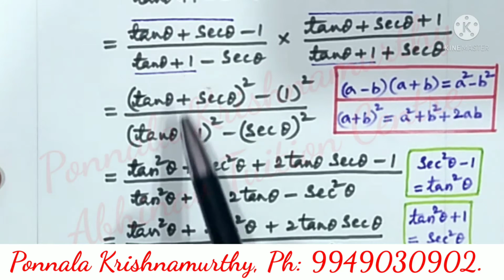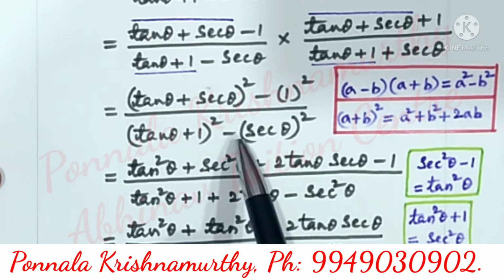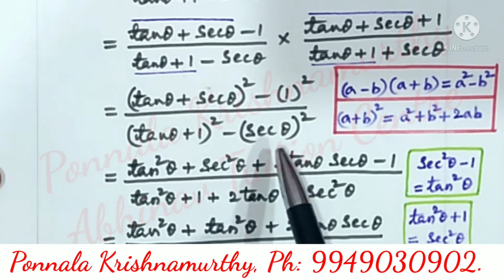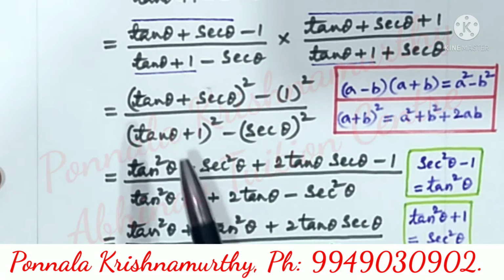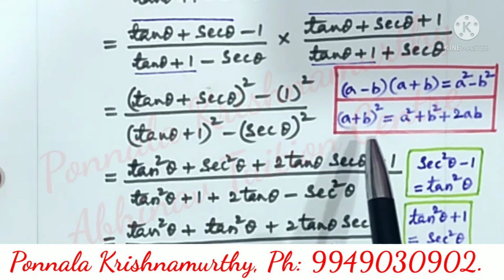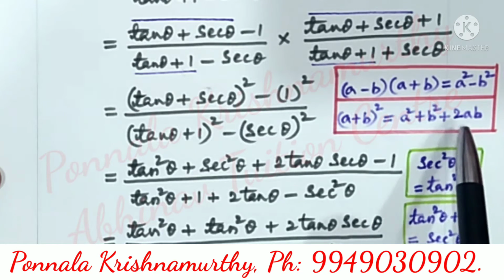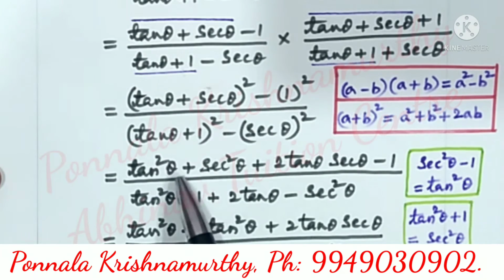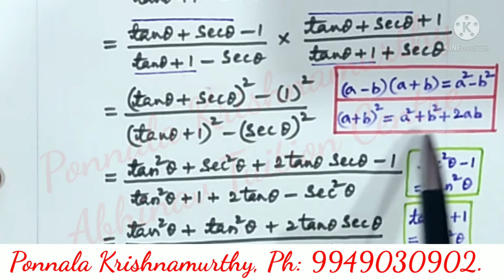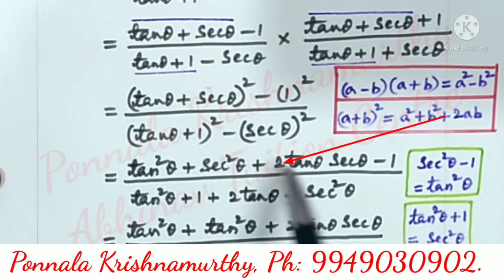Here A is tan theta plus 1 whole square minus B is secant theta, so secant theta whole square. Now this is in the form of A plus B whole square, that is equal to A square plus B square plus 2AB. Now this becomes tan square theta plus secant square theta plus formula 2 into tan theta into secant theta.